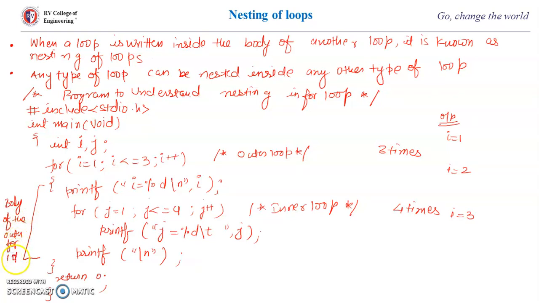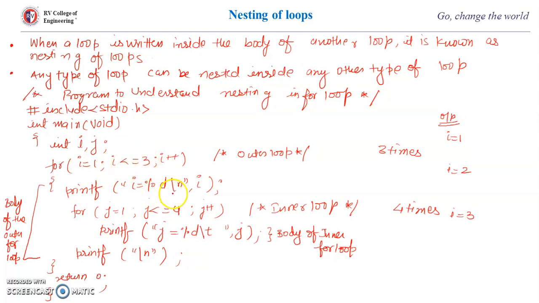After this inner for loop I have written one printf statement, and since we have not enclosed it in curly brackets, this is the body of the inner for loop. When we don't enclose the statement inside curly brackets, only one statement will be executed.